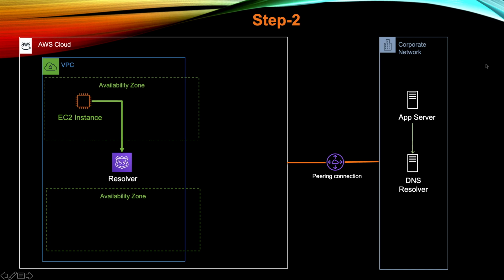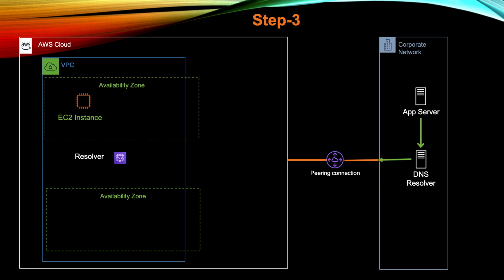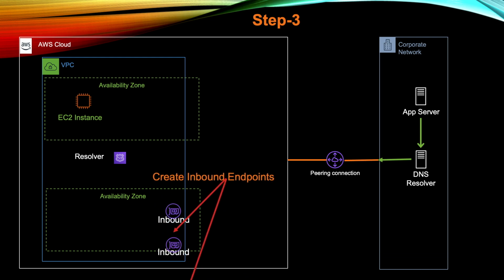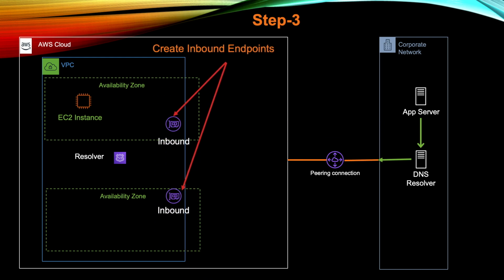Okay guys, so we have completed our environment and right now it looks like this: we have the AWS side and the corporate side, and we have a peering connection between these two. The EC2 instance in AWS and the app server can talk to each other, but they cannot resolve the DNS names of each other. So next, we will create two inbound endpoints on the Route 53 resolver endpoints, and after that we will update our DNS and app server.